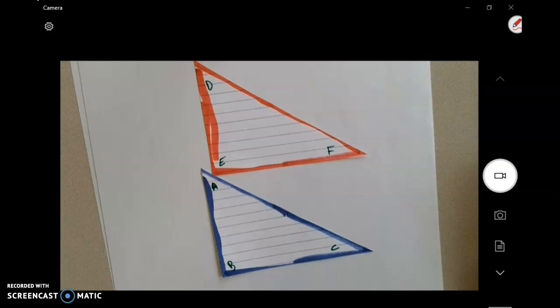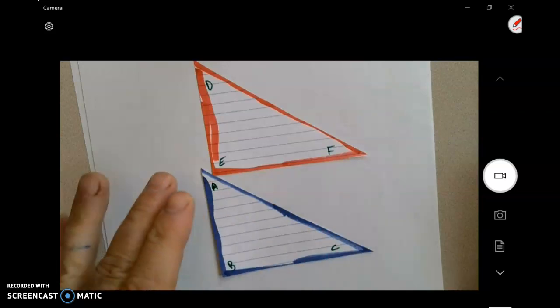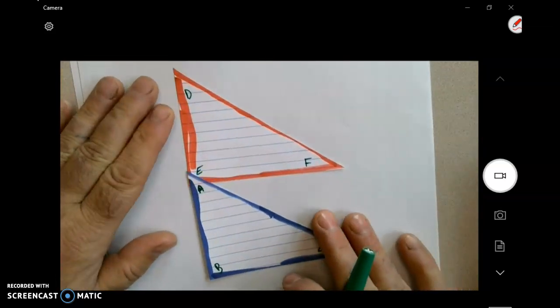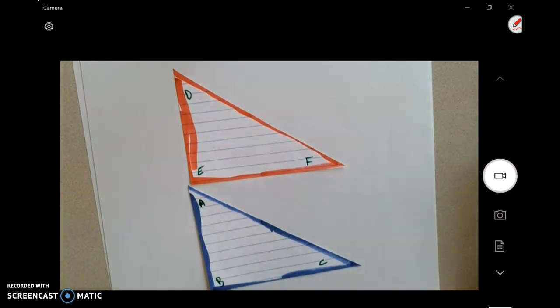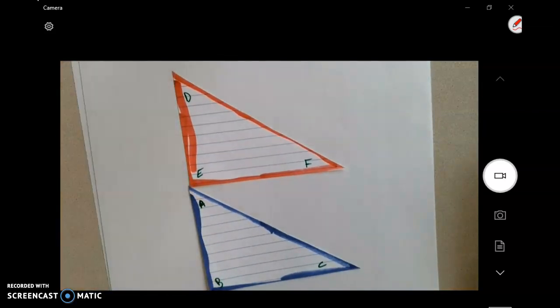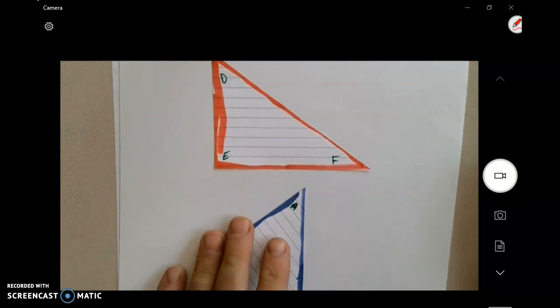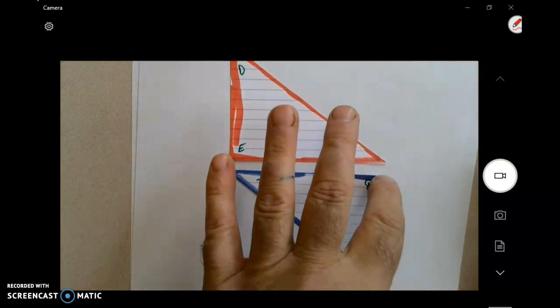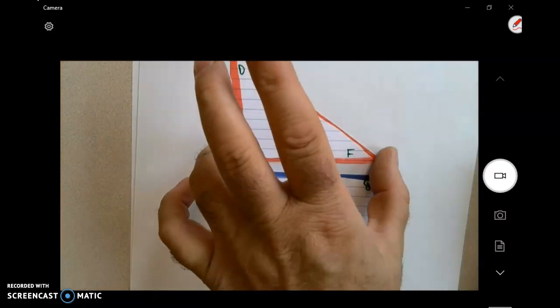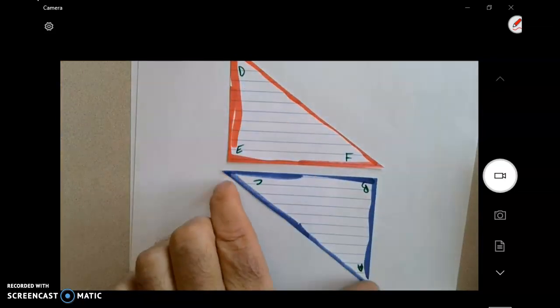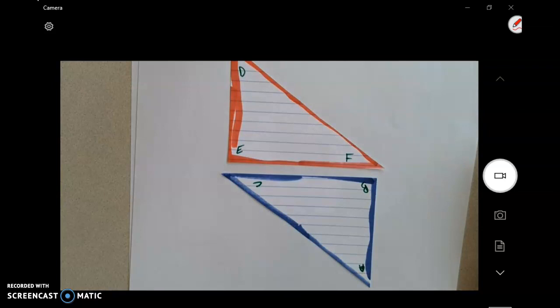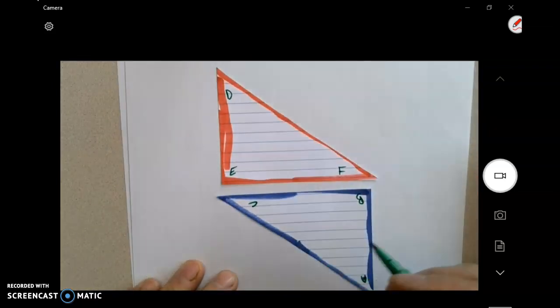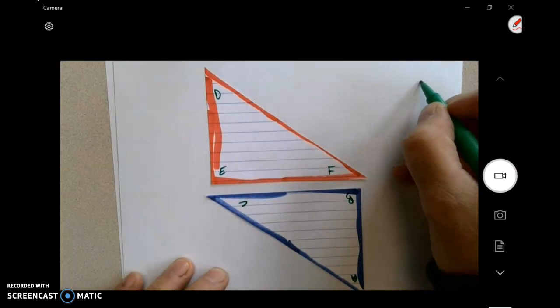If the other two sides are congruent to each other, we can say, because there's only so many ways you can prove triangles congruent, and if all three sides are the same, then there's no other way you can draw that triangle. You can flip this, rotate it, whatever you need to do, but it's still congruent because this side and this side are still the same, this side and this side are still the same, that side and that side are still the same. So if you have all three sides the same, then they have to be congruent triangles.